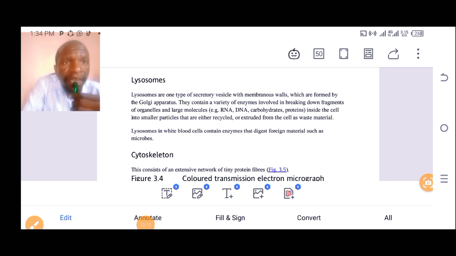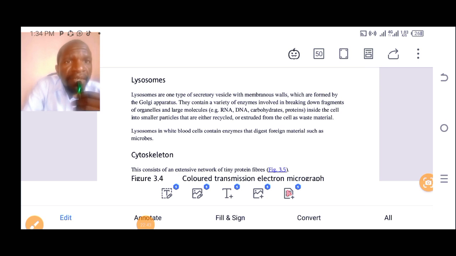They contain a variety of enzymes involved in breaking down fragments of organelles and large molecules, RNA, DNA, carbohydrates, proteins inside the cell, into smaller particles that are either recycled or extruded from the cell as waste material. Lysosomes in white blood cells contain enzymes that digest foreign material such as microbes.